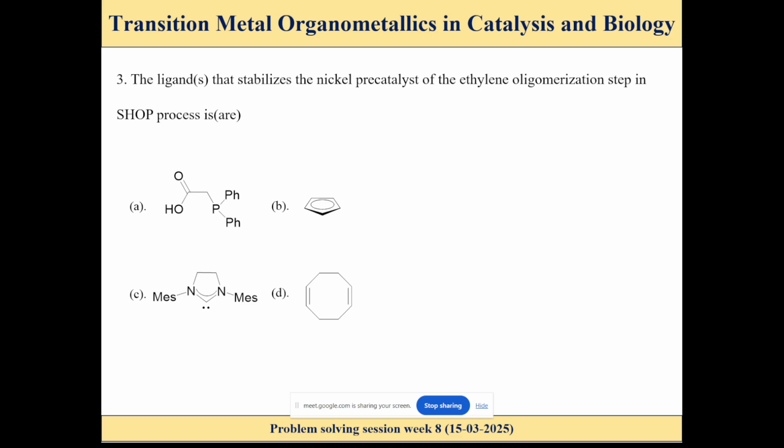We have seen that the SHOP process involves a nickel catalyst, and the ligand around the nickel is very important. The correct answer will be option A and option D, which stabilize the nickel pre-catalyst for the oligomerization step.